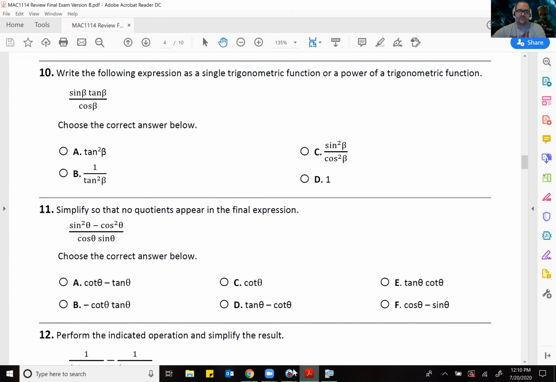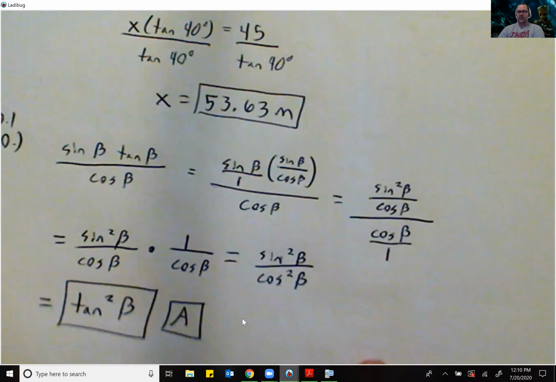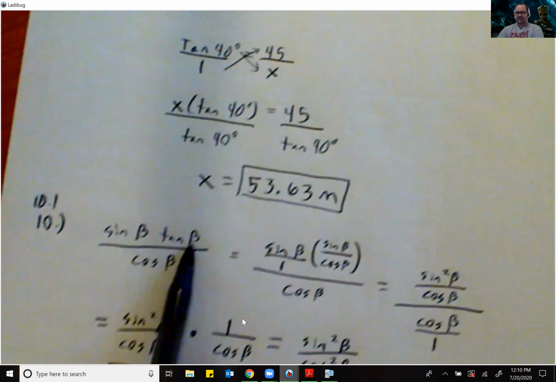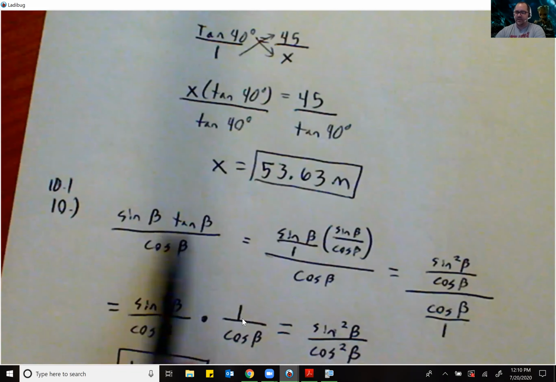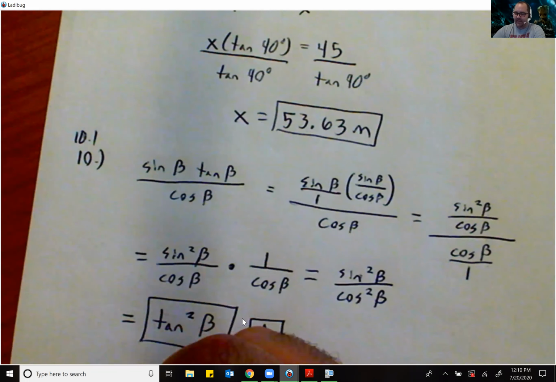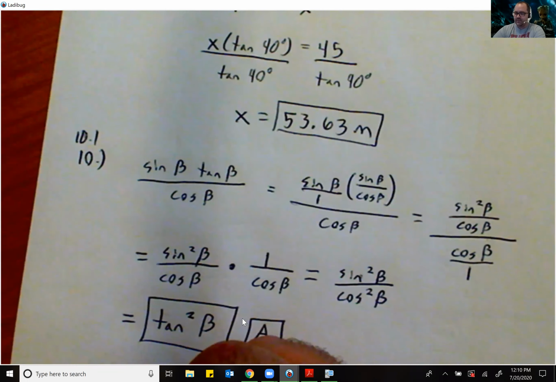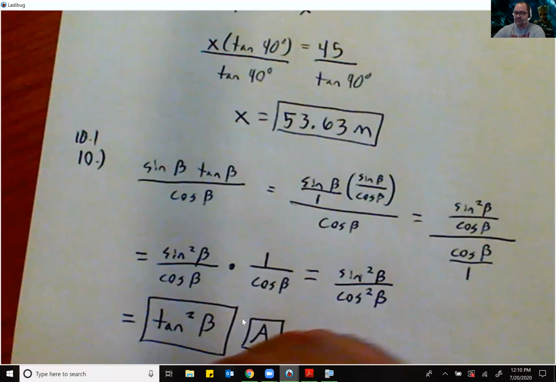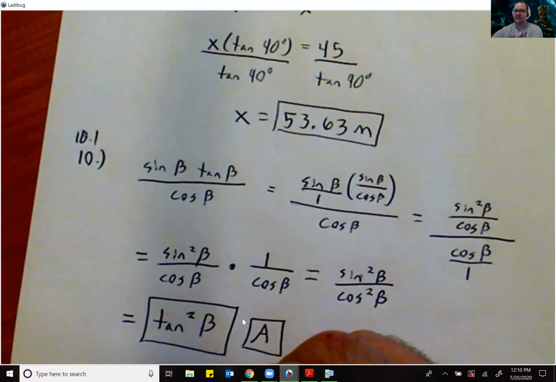Okay. Now, just to talk with you quick, another way to do this, we could have separated this into 2 fractions that were multiplied together. So another way you could have done this was call it sine beta over cosine beta times tangent beta. Oops, you can't see that. So I separated these out.